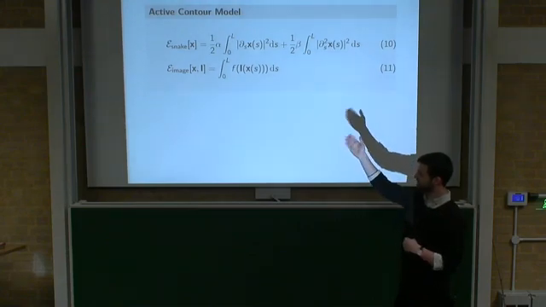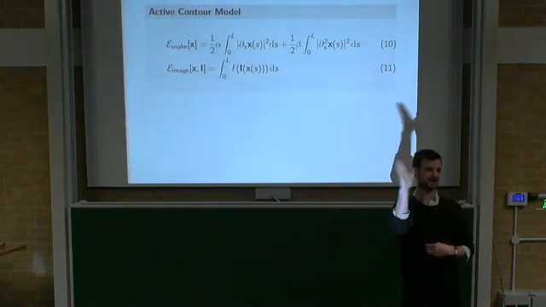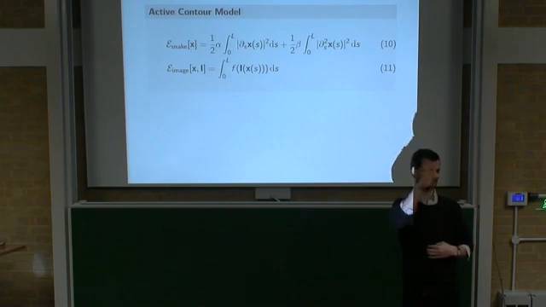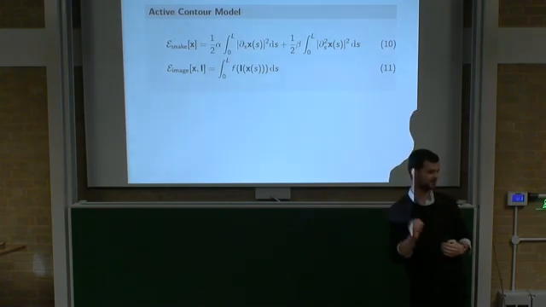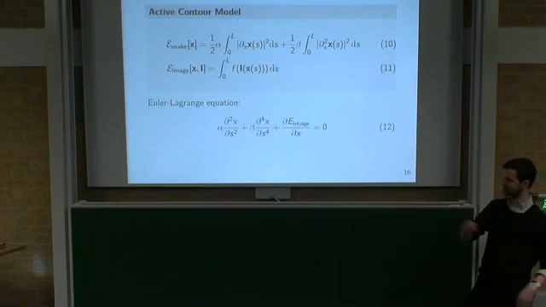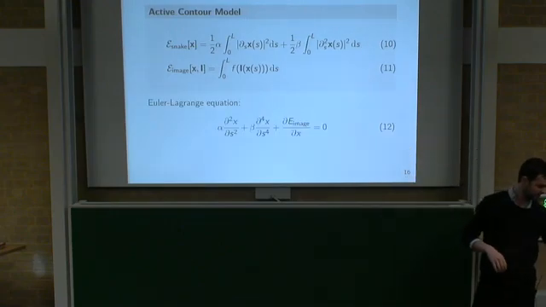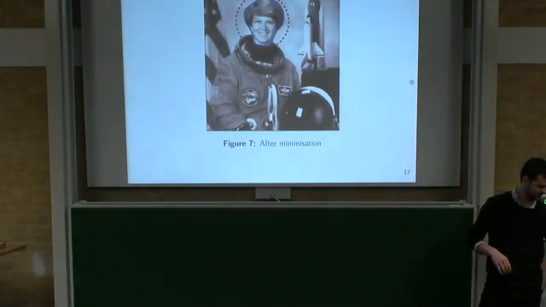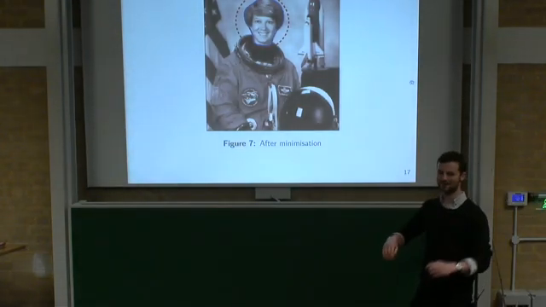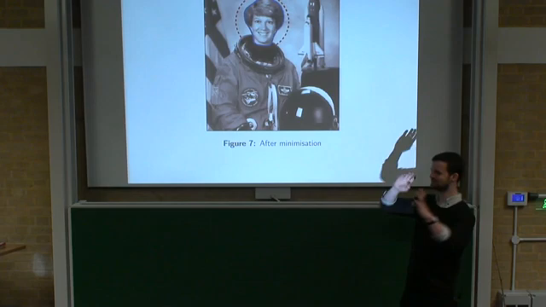And then we define an image energy that tries to match where the pixels are the darkest, because that's where the flagellum is. The nice thing about this is that you can do half of that minimization through the Euler-Lagrange equations.